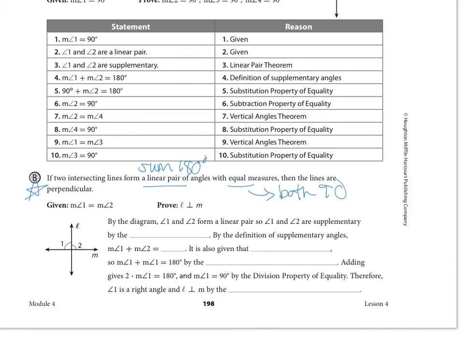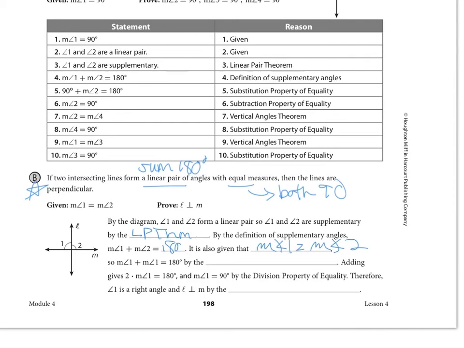By the diagram, 1 and 2 form a linear pair, so 1 and 2 are supplementary by the linear pair theorem. I'm just going to abbreviate that LP theorem. By the definition of supplementary angles, we know they add up to 180, and we're told that the measure of angle 1 is the same as the measure of angle 2.